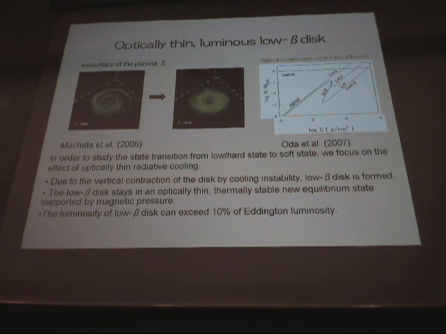From our numerical simulation, when the cooling is included, the gas pressure decreases, and then the disk shrinks in the vertical direction with magnetic energy, because the magnetic field is frozen into the gas.